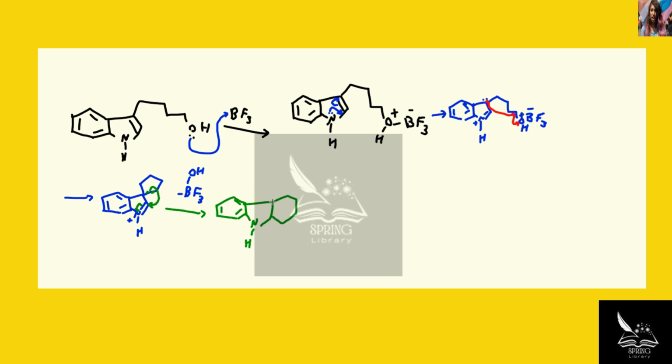And now what we're left with is a carbocation intermediate on this carbon with a proton adjacent to it, and we need to reform our boron trifluoride catalyst. So what's going to happen is that those 2 electrons here are going to go and pick up this proton, making a bond.